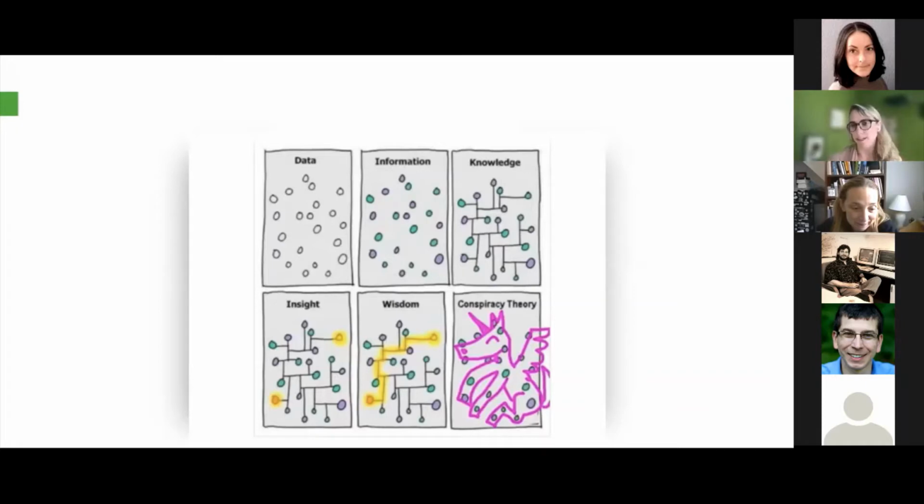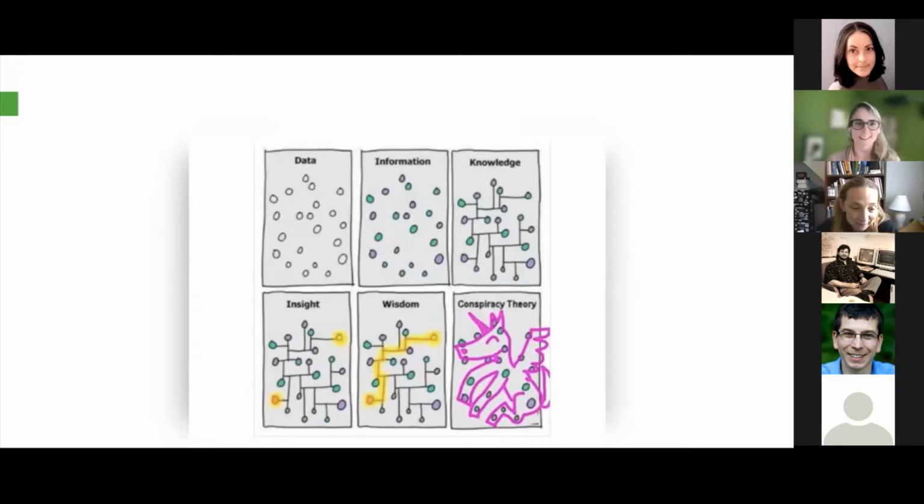If you're able to make connections between bits of information, that's knowledge. If you're able to, at least in the version of this model I'll be talking about today, distinguish signal from noise using that knowledge, we'll call that an insight. And then making a decision using that insight might be called wisdom.